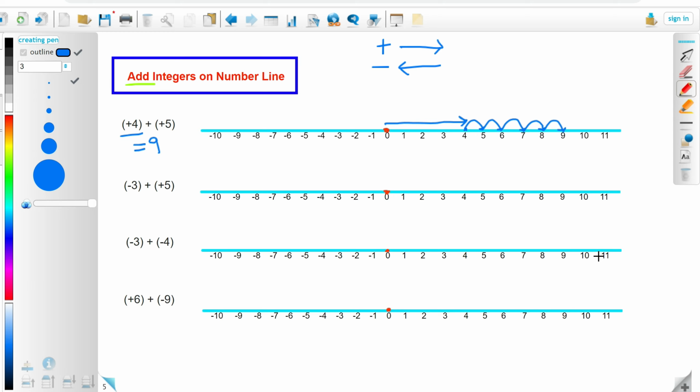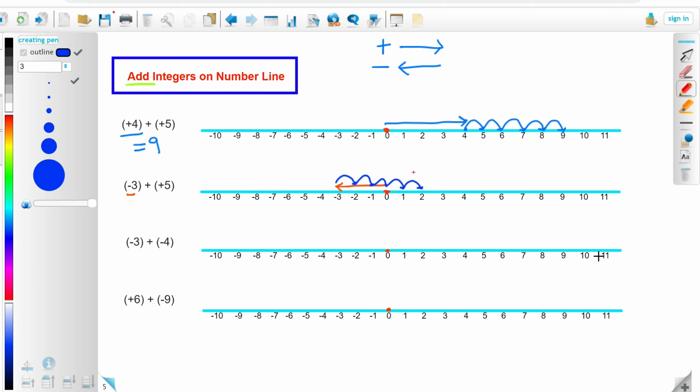Correct. Now let's see the second case. In this particular case, we have negative 3. Negative 3 is where? From 0, 3 left, right? So this is negative 3. And now we have to go positive 5. So from here, let's go positive 5. 1, 2, 3, 4, and 5.